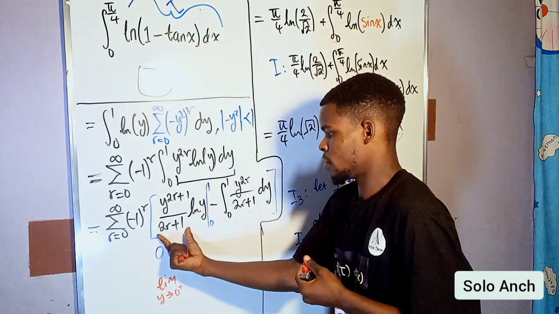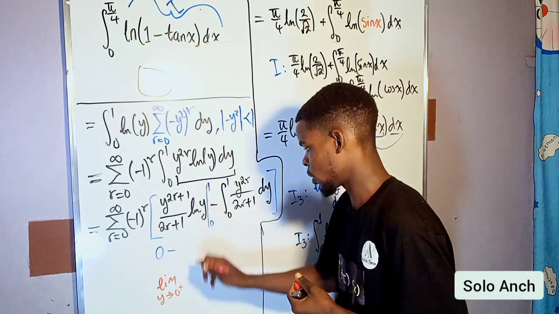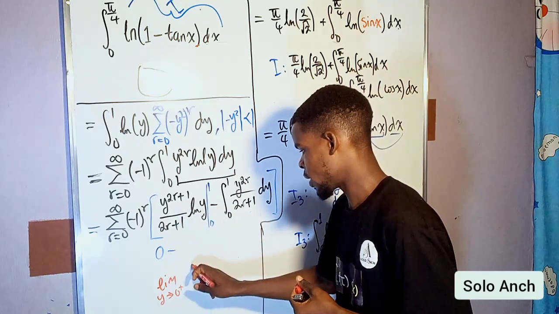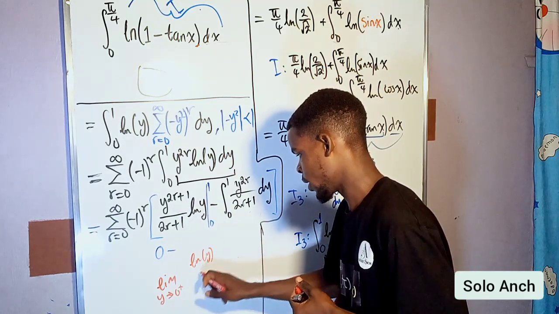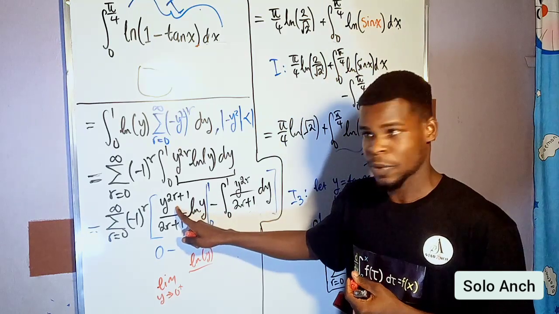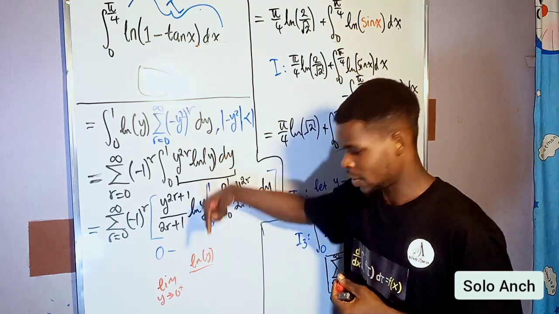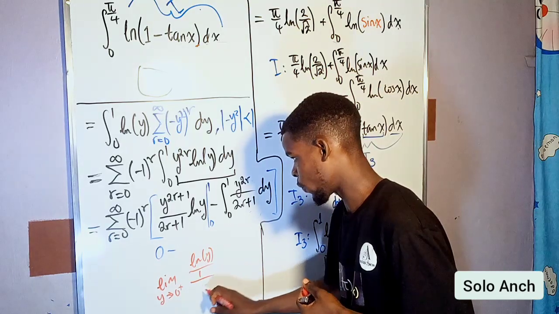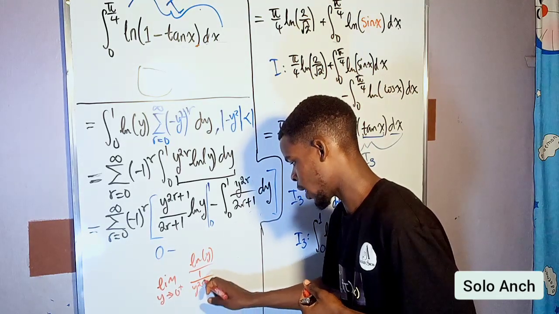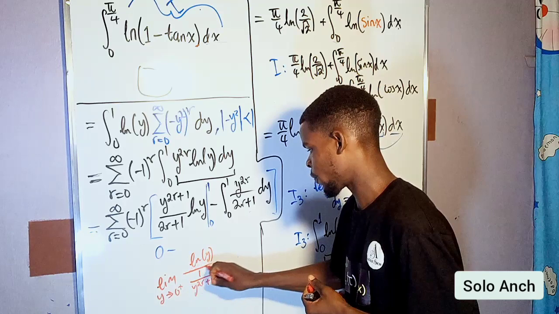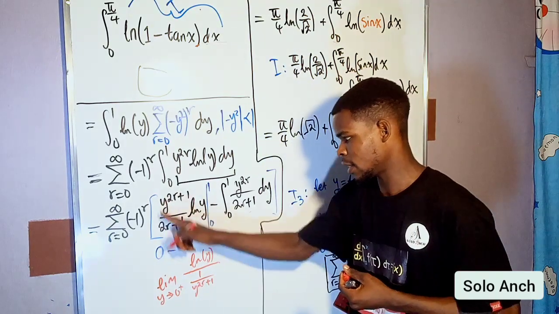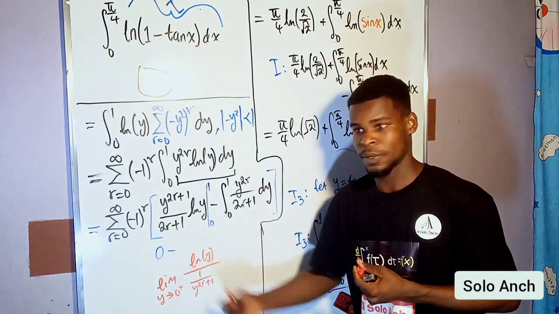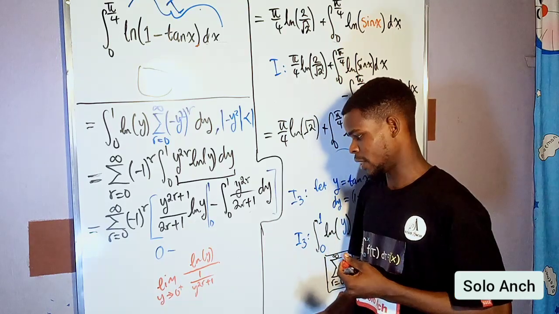Now, this constant does not matter, so let's just take the function. This is the natural logarithm of y times y to the power 2r. I'm going to put it down, and then rewrite the fraction: that will be 1 over y raised to the power of 2r plus 1. By division of fractions, this is exactly that, but of course, I've excused the constant a little bit.